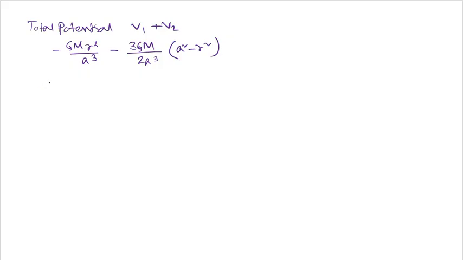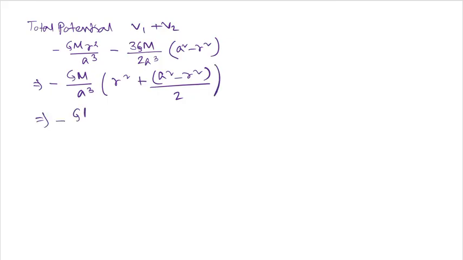Now I have to solve it, correct? So I can take minus Gm by AQ, I can take a common. Now what will remain here? R square minus A square minus R square, correct? So if I take a minus common, it will become plus, divided by 2. So this is minus Gm by AQ.